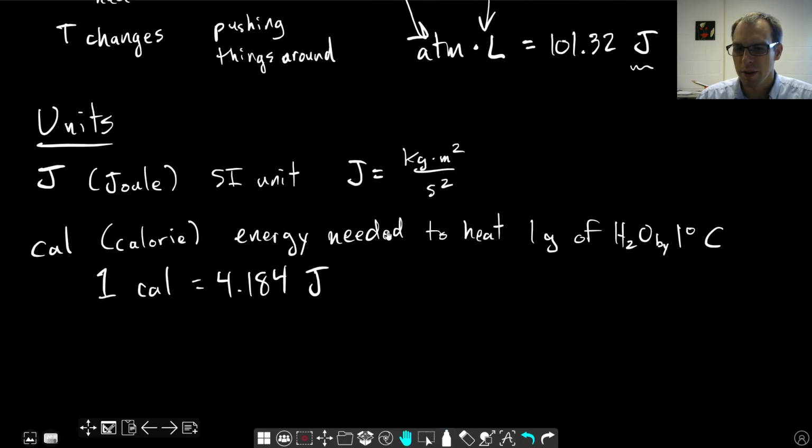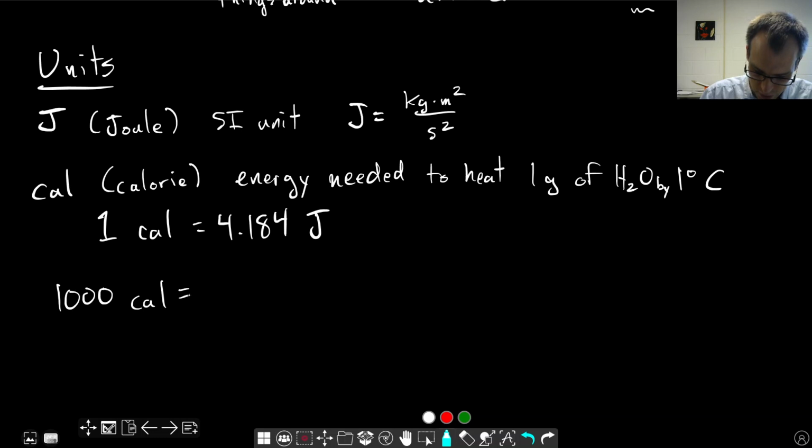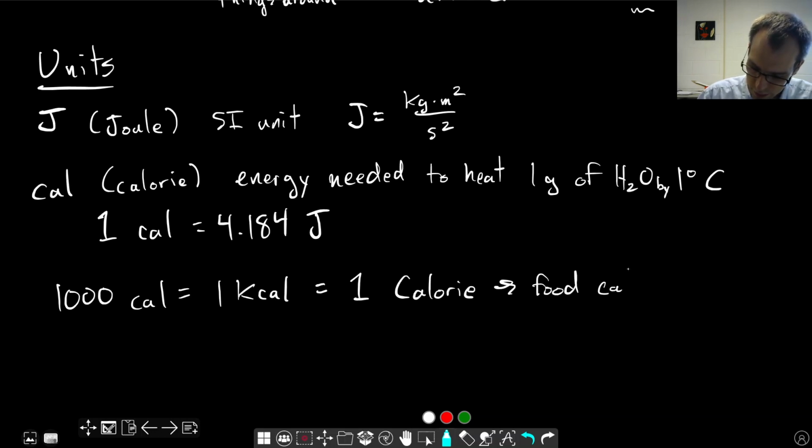And the other thing that is useful to know units-wise is that 1,000 calories, which is of course 1 kilocalorie, is what we call 1 capital C calorie, and this is the food calorie. So when you look at the calorie content of your food, it is the unit of energy.